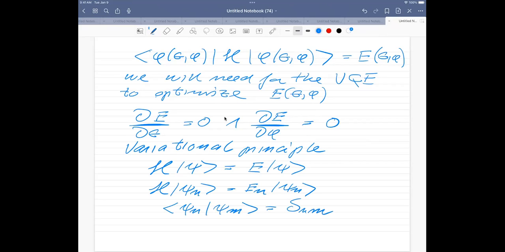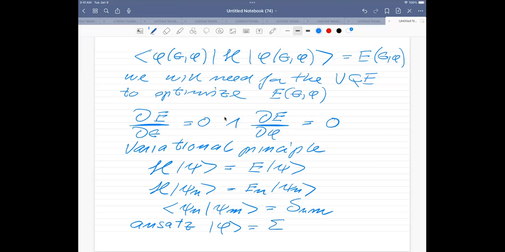This means that I can actually expand any state in this basis. So it means that this ansatz which I used, and now I'm going to take away the angles, the ansatz phi is something which I could now expand in terms of this basis.